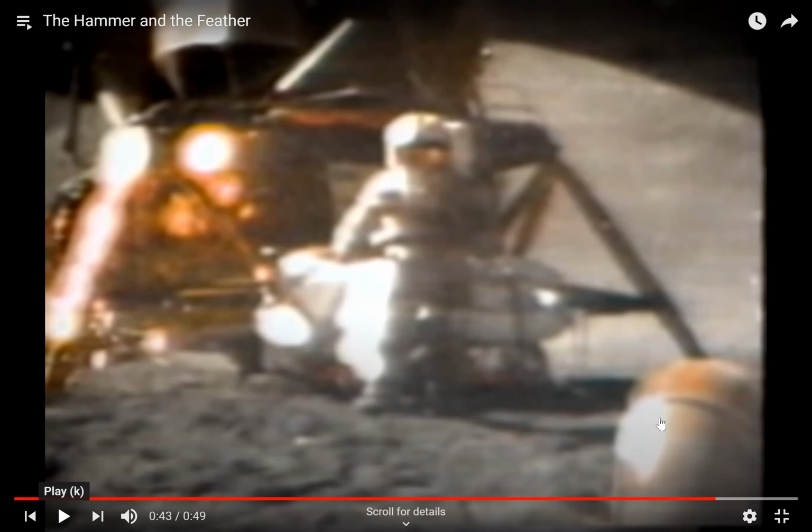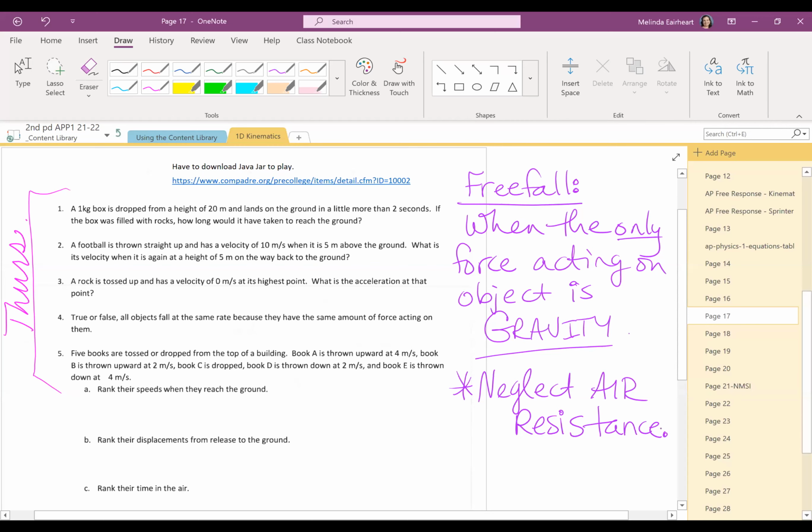So the answer to number 1 is what? Same time. And another way to confirm that, look at your kinematic equations. Where's mass? Have we calculated with mass yet? No. Okay. And true story, the mass does play a role, shape plays a role in how that air resistance comes into play.